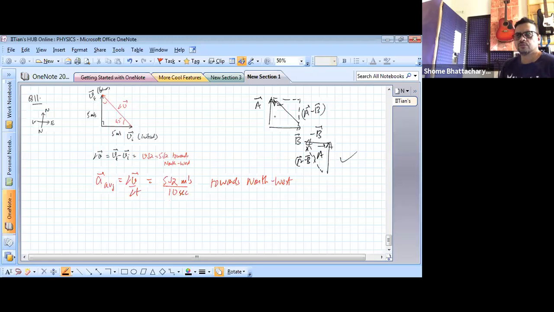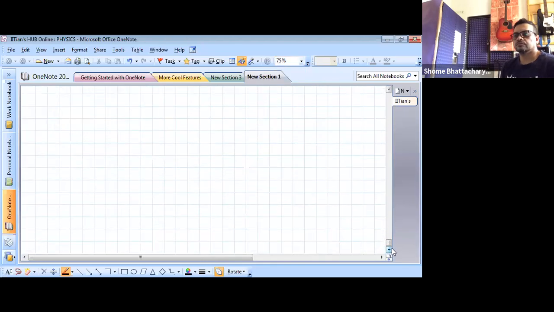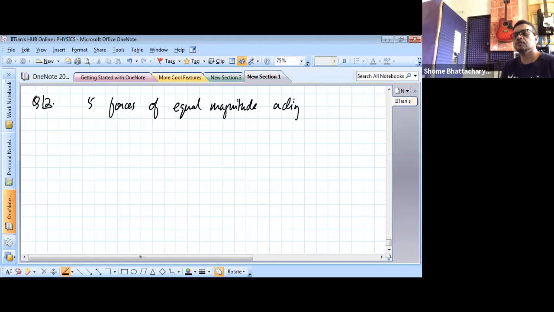Now let's come to the 12th question. The 12th is also actually a very interesting question. Question 12 says that there are 5 forces of equal magnitude acting at a point such that they lie in a common plane.